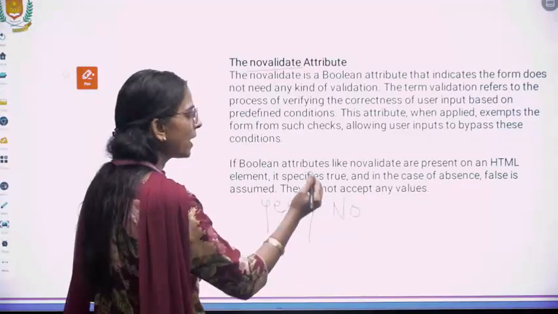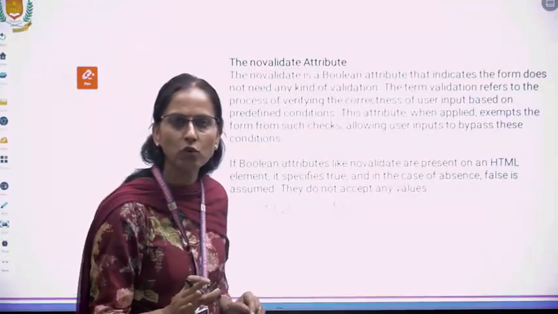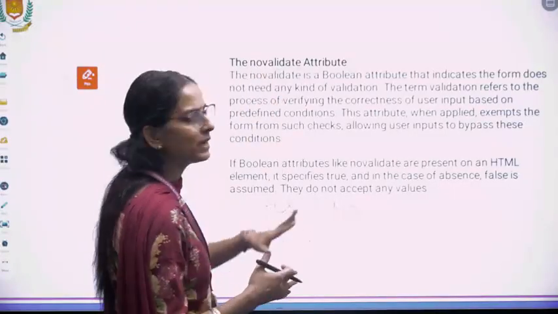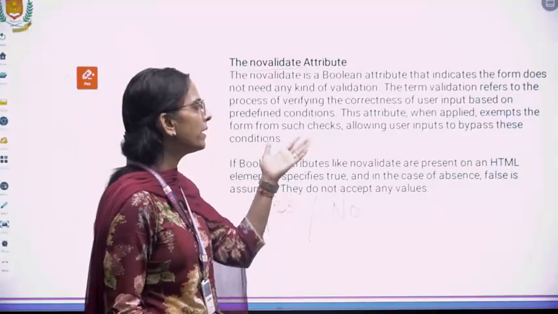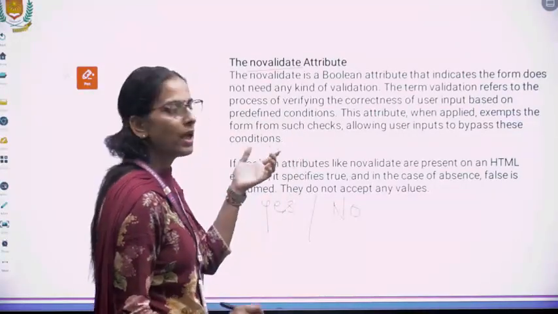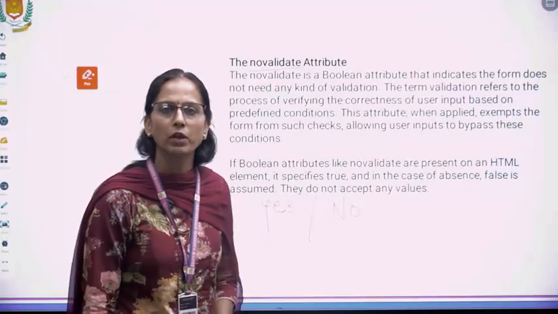If you apply it as yes, it means you have to specify the validation rule, and if you write novalidate, it means there is no validation rule required. It can be given as and when required according to the requirement of a particular field.